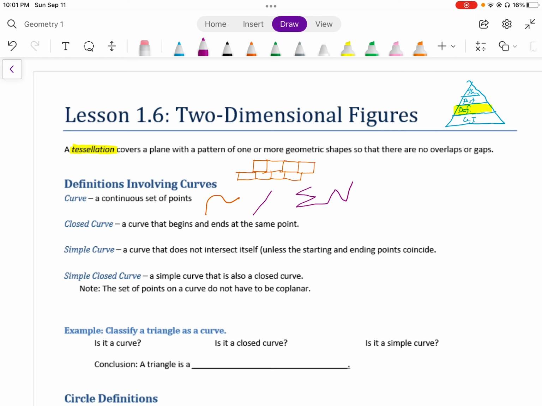A closed curve is a curve, so it's still a curve, that begins and ends at the same point. So here's a closed curve. Here's another closed curve. That one wasn't great because I accidentally overlapped, but as long as they begin and end at the same point, it's a closed curve.